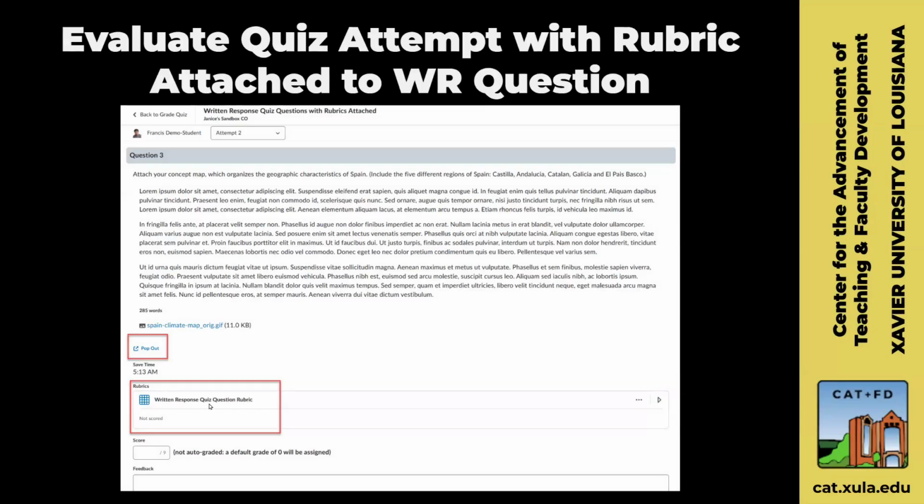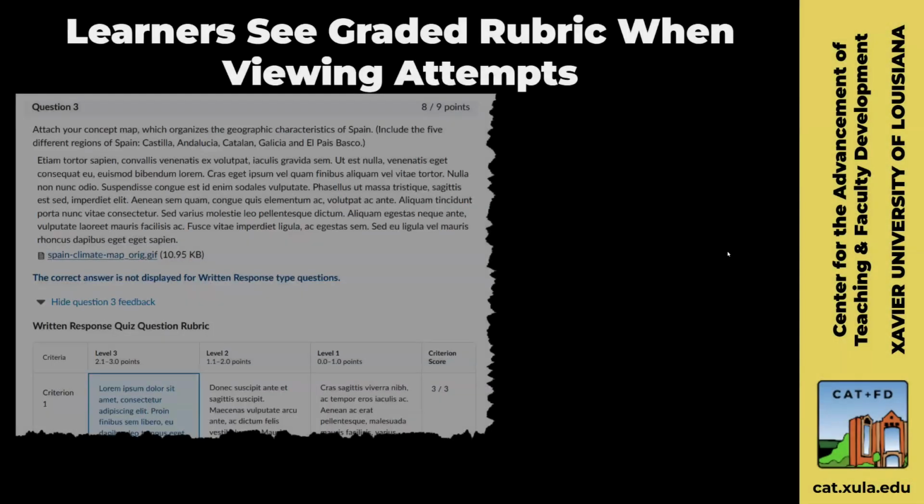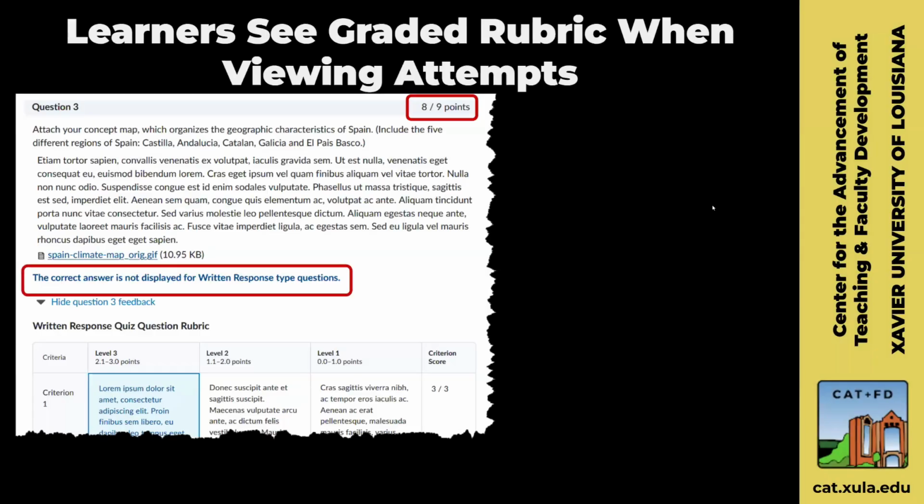So you can click on this and expand it and grade the rubric, or you can open it up in a pop-out window. When the students are viewing their attempts, they will see the rubric underneath the question.